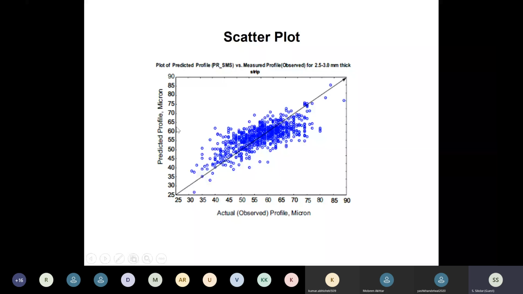It's not necessarily a profile that you have to measure. In your plant, if you have some theoretical formulation, you can have the predicted value as well as the observed value, and you can plot them. So just to give an idea about profile, I am going to show this.